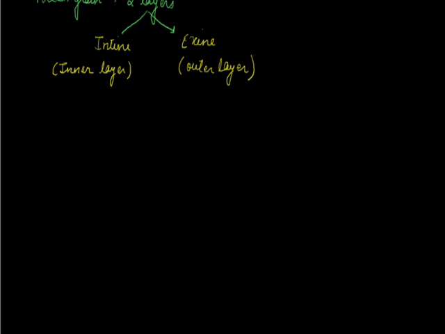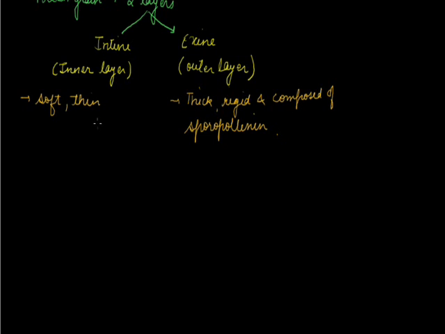The outer layer is thick, rigid and composed of sporopollenin. Sporopollenin is highly resistant, non-biodegradable, and is not affected by any strong acid or alkali. The intine, the inner layer, is soft, thin and elastic in nature.